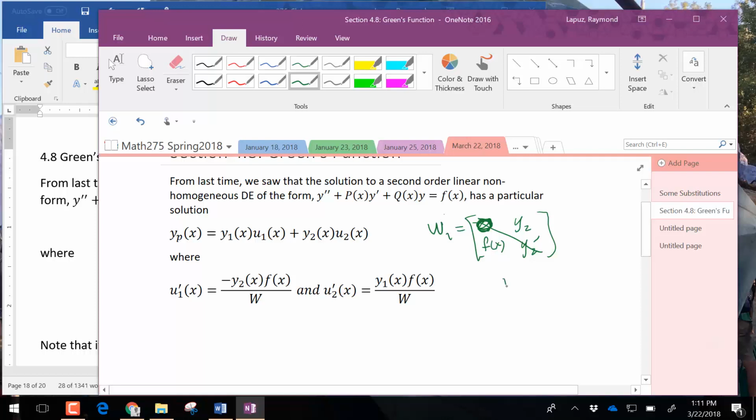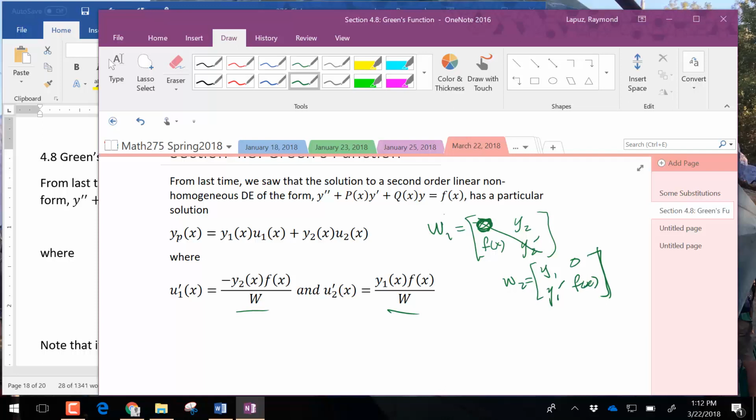And then for the W2, we have y1 and y1 prime, and then we have 0 and f of x. And so the y primes, again, get multiplied by 0, and then they disappear. And so we have kind of a neater version without having to deal with those determinants, although they weren't too bad. But we have this extra y1 prime, y2 prime that we never use, and so we can kind of just set that aside.